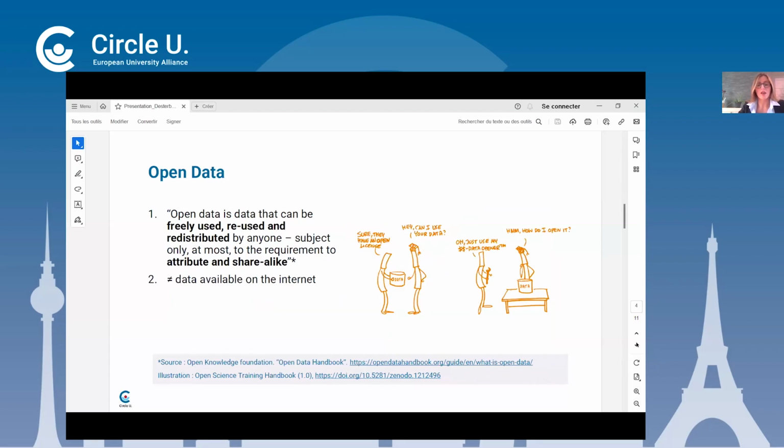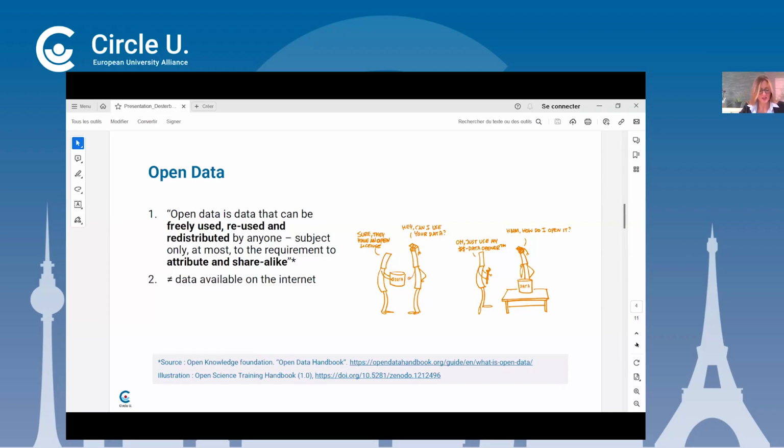Open data is one of the practices of open science focused on data sharing. It can be defined as data that can be freely used, reused, and redistributed by anyone, subject at most to the requirement to attribute, so always cite the author of the data set, and share alike, so share under the same conditions as those you have benefited from.